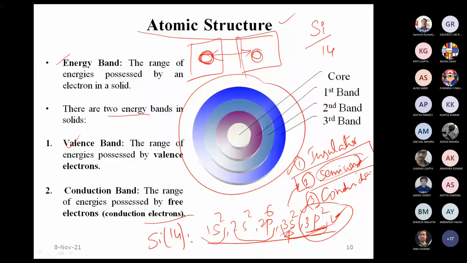There starts interaction between these atoms, and these energy states, 3s2, 3p2, do not remain as seen here, but there is a dramatic change in the energy levels, so much that there is creation of valence band and conduction band.